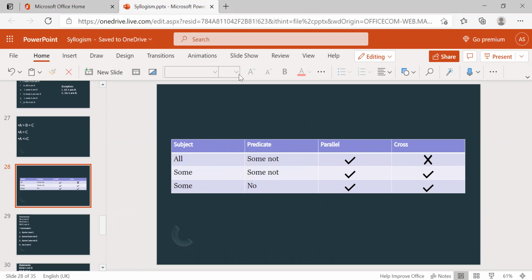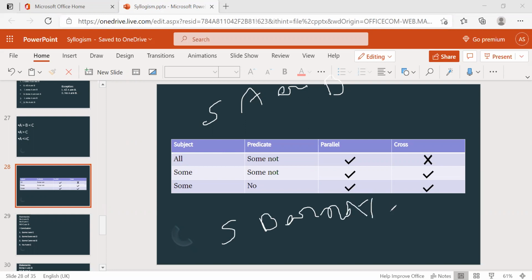Parallel means, for example, some A are B, and you can also write some B are not A. With some and some not, parallel is possible and crossing is also possible. Here A and B cross. For one it is possible for cross and parallel, for another only parallel, and for some no also parallel and cross.